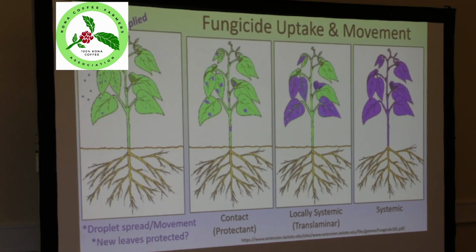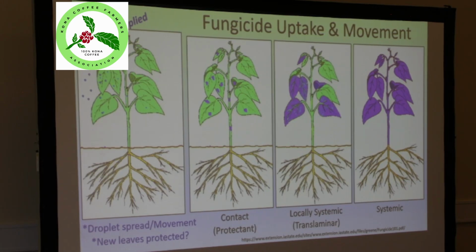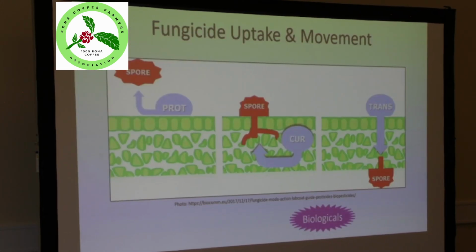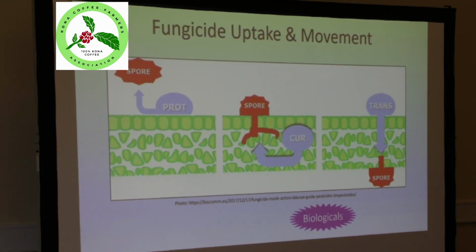So the systemics, the true systemics, which are being tested and hopefully label approved through the IR-4 program, will travel through the vascular system. It will help protect the new growth. It will help with good coverage wherever that may land on the pre-existing leaves. Okay. And this is, again, to show you that picture.